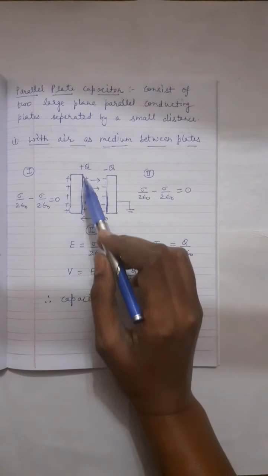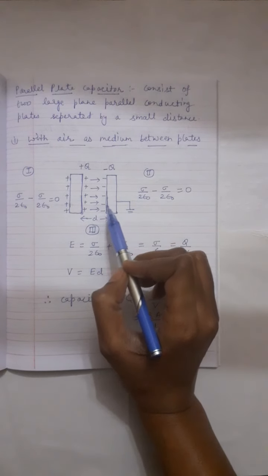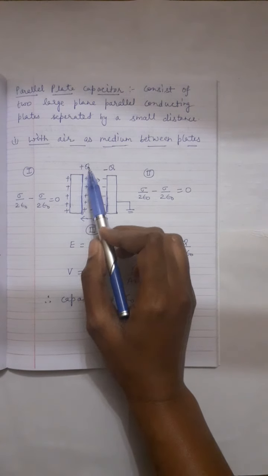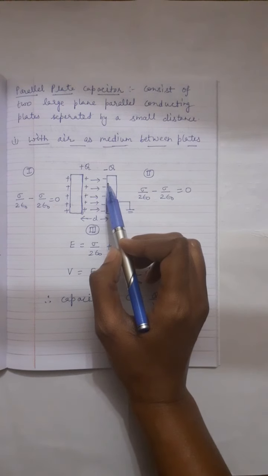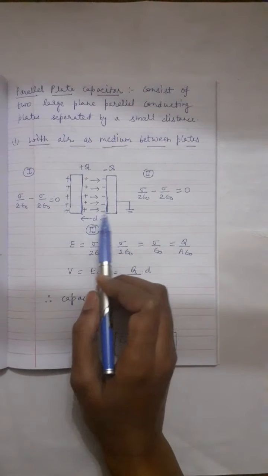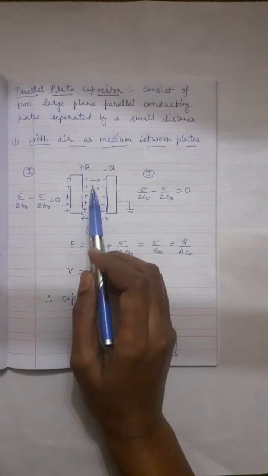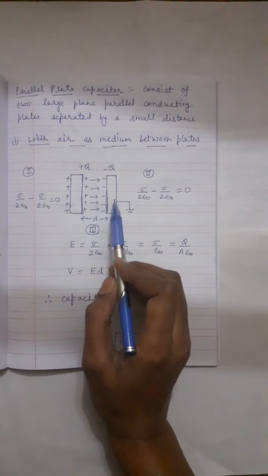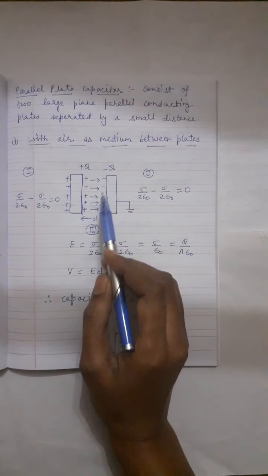This plate is positively charged and these are the induced charges on the surface of the plate. So this surface has plus q charge and this surface has minus q charge. These two plates are separated by a distance d, and this is the direction of the electric field between the plates, from plus to minus charges.